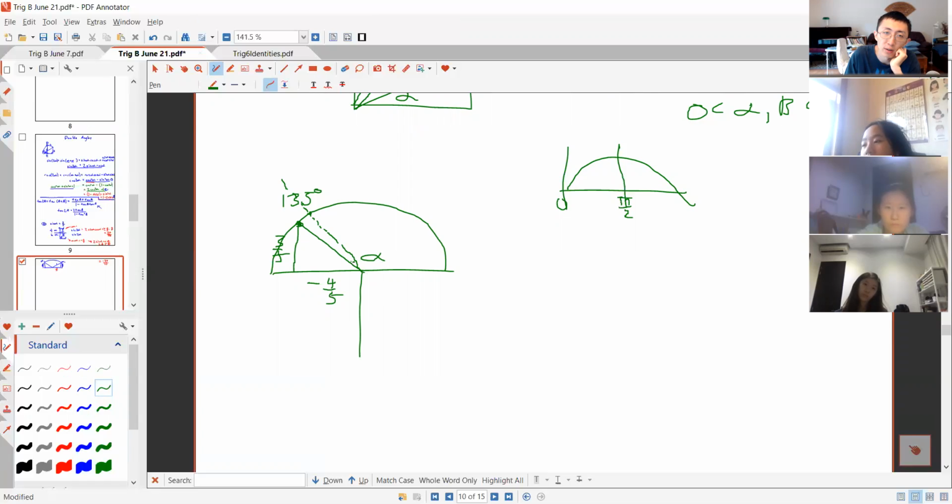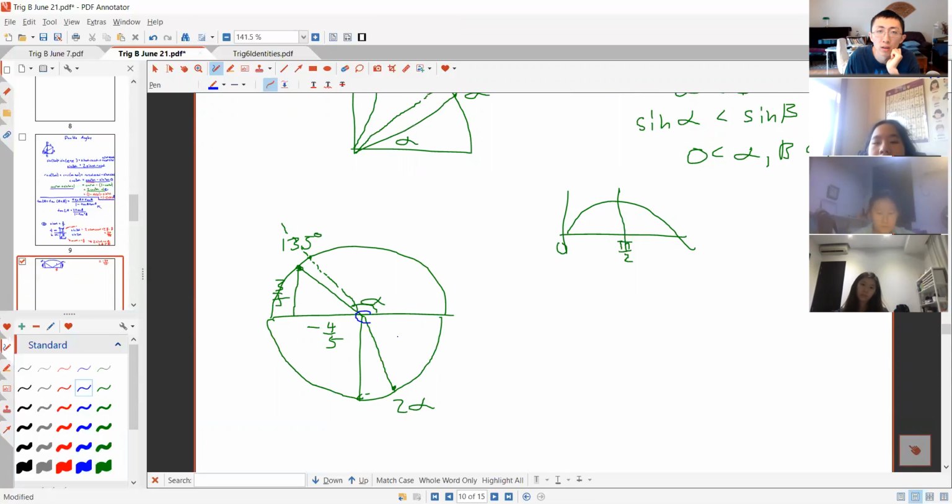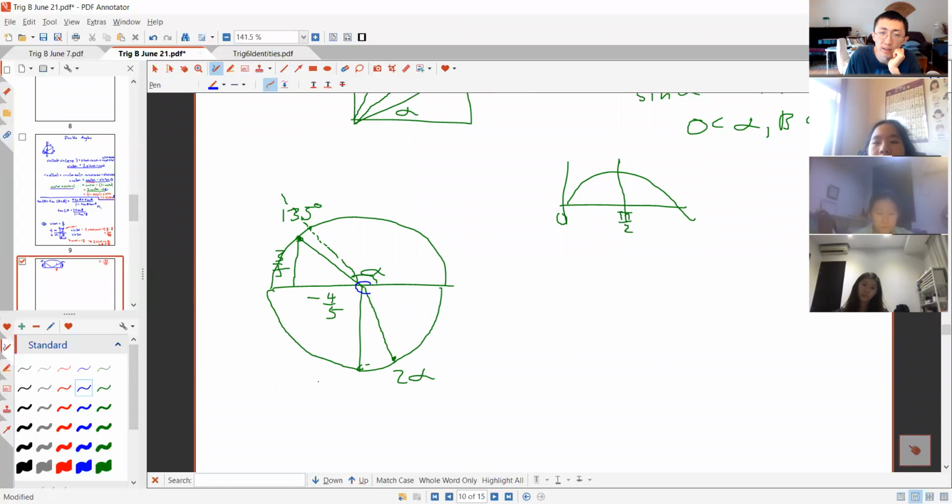So if I double this angle alpha, it'll be somewhere right here: 2 alpha. So 2 alpha will represent this blue angle. We found that sine of 2 alpha is negative 24/25. And it makes sense. Both this point and this point will have negative signs.